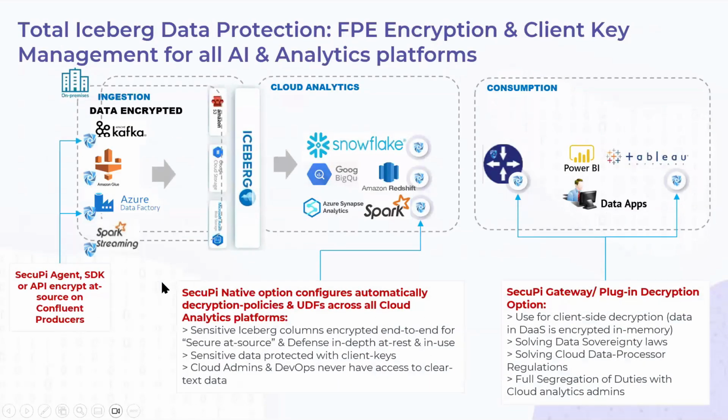If I'm going to look at the big picture, we have an ingestion point where we can have different types of agents or enforcers encrypting the data, creating an Iceberg file format. So now this Iceberg file format can be consumed by multiple cloud analytics platforms, right?